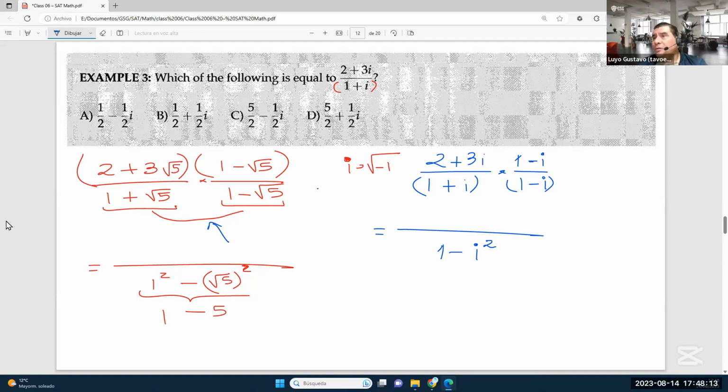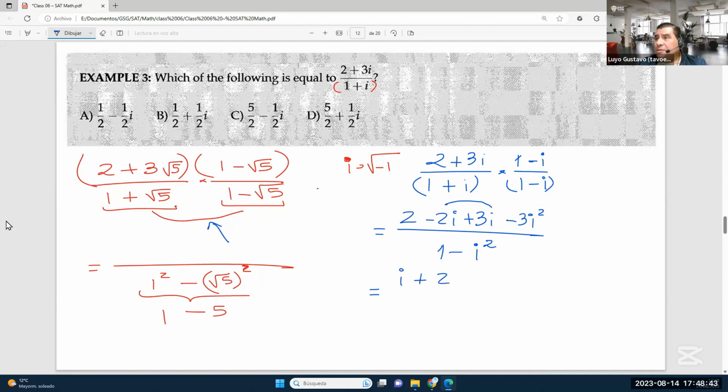In the numerator, we have 2 times 1, 2, 2 times negative i, minus 2i, and you have 3i times 1 and 3i times negative i, that is negative 3i squared. Okay, what happens in the numerator? These two are simply i, and you have 2.